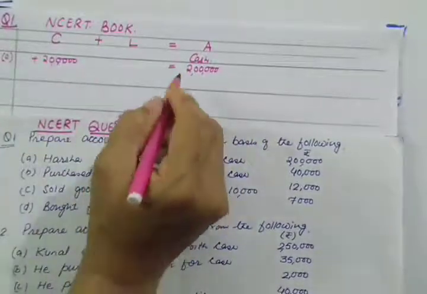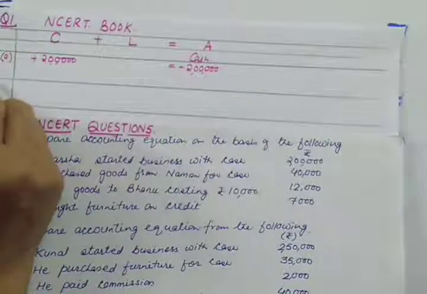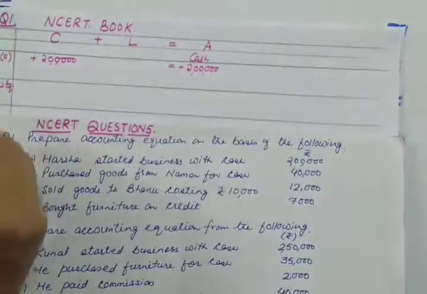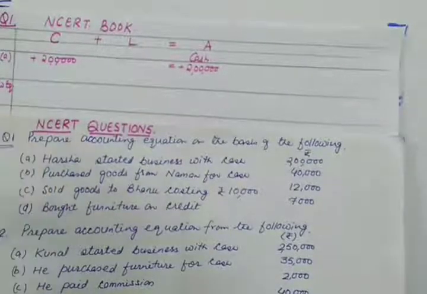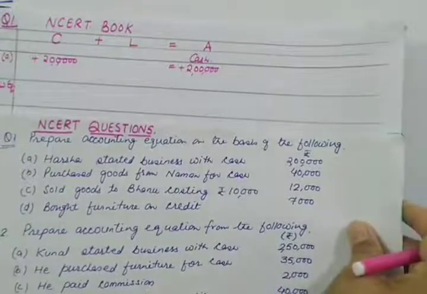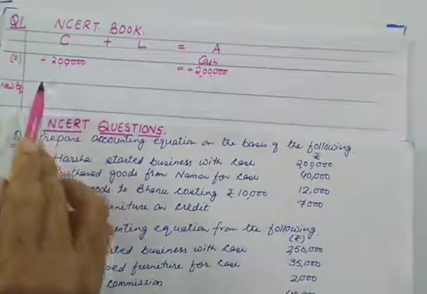And moreover, you don't have any other transactions, so your new equation will be same. So every time you have to write new equation. I hope it is visible to you. New equation. Yes. I have written new equation here.